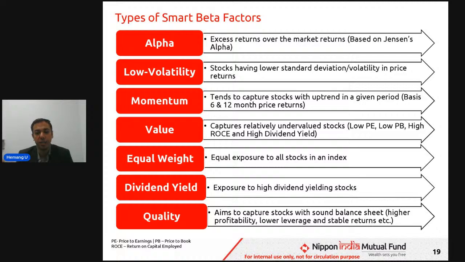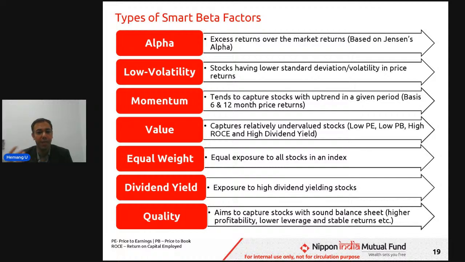Lower volatility funds. Momentum. Momentum has gained popularity in the last few recent years, big time, because we had seen a very good bull run post COVID, and these momentum funds have picked up in a very good way. So what does a momentum fund basically do?